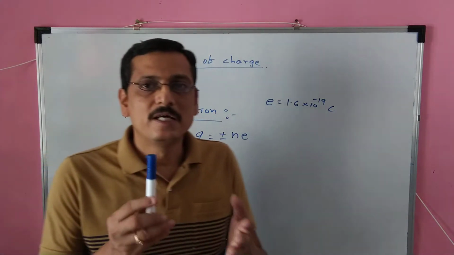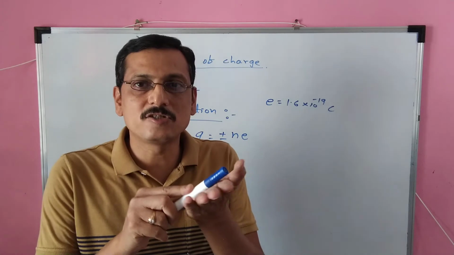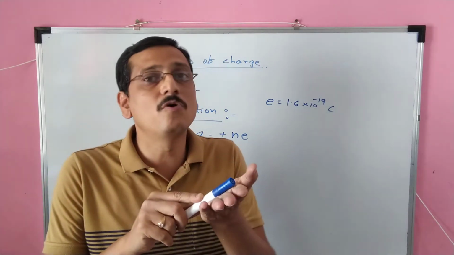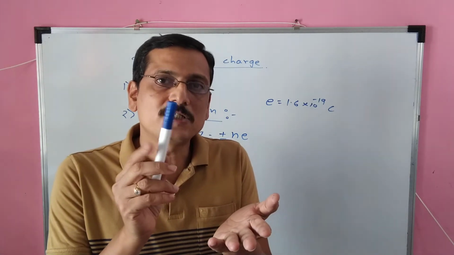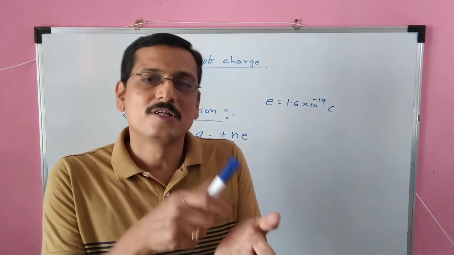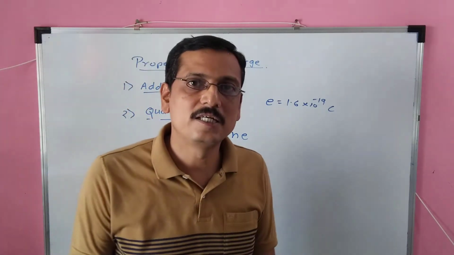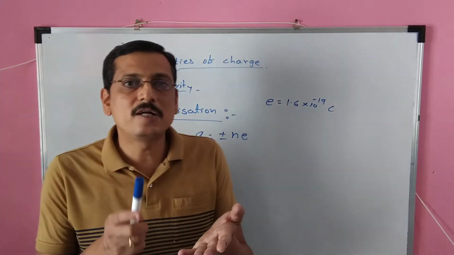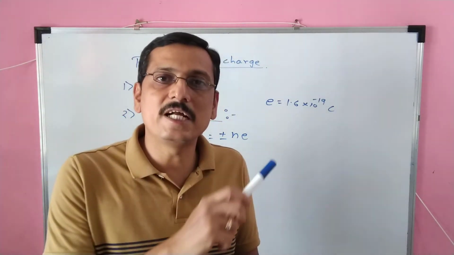Say for example, in the glass and silk example, if I rub the glass rod on the silk and there is no loss of charge anywhere else, then the glass rod will lose electrons and the silk will gain electrons. So the glass rod gets positively charged and the silk gets negatively charged. Or when an ebonite rod is rubbed on fur, the ebonite rod becomes negatively charged. How?